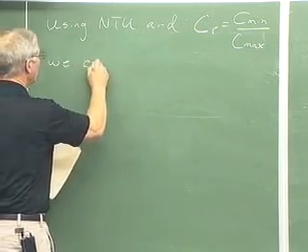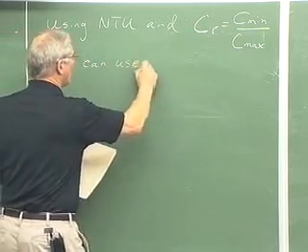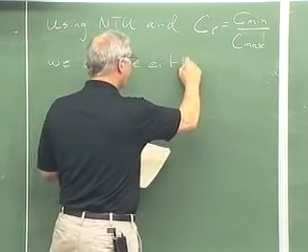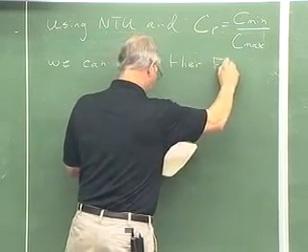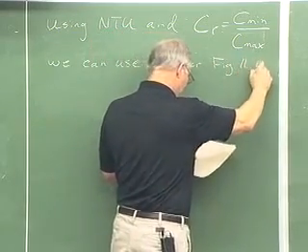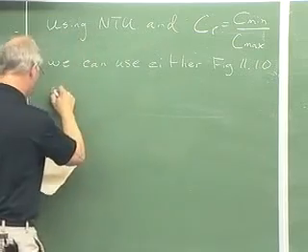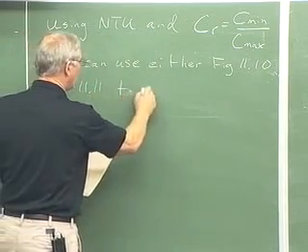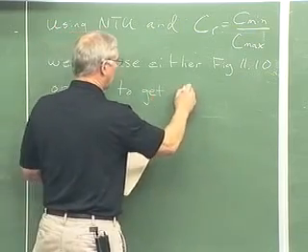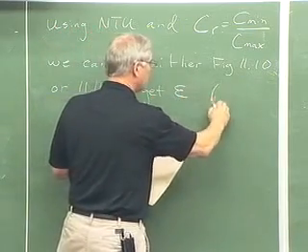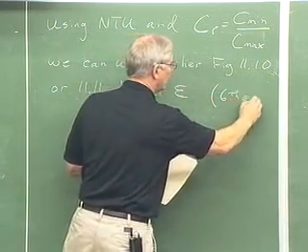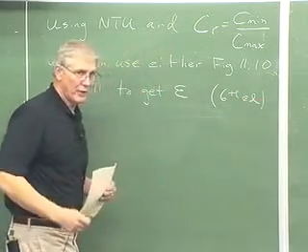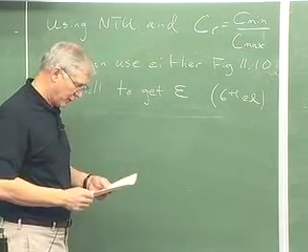We can use either figure 11.10 or 11.11 to get our effectiveness. And this would be from the 6th edition of the heat transfer book. If you have a different edition, it could be a different figure.